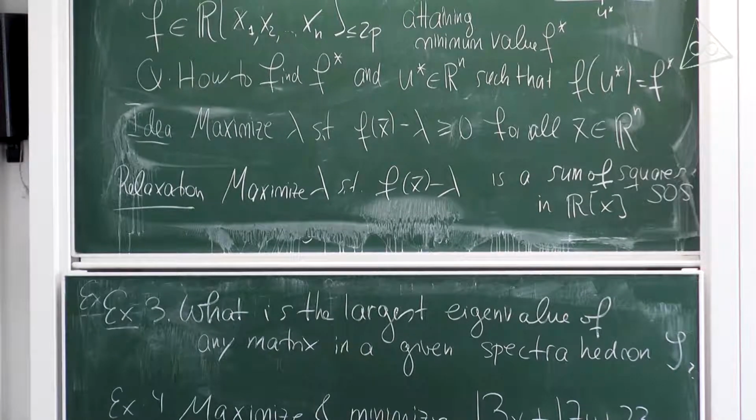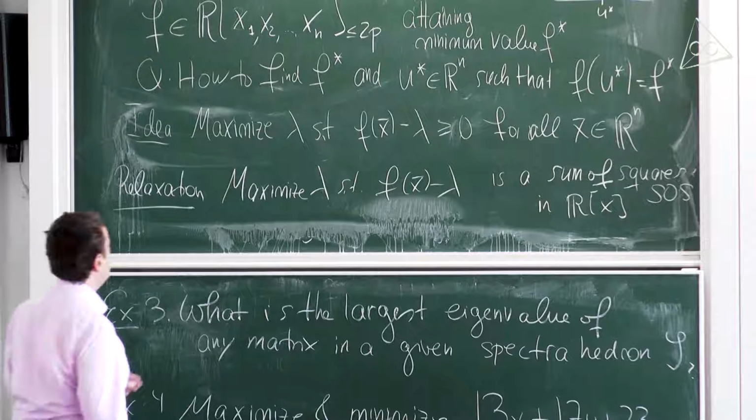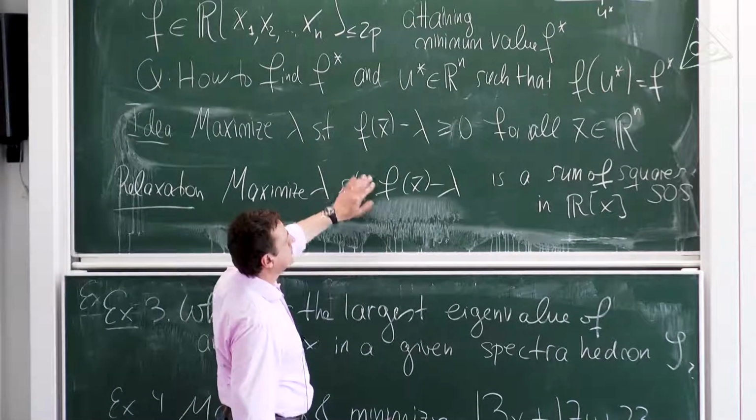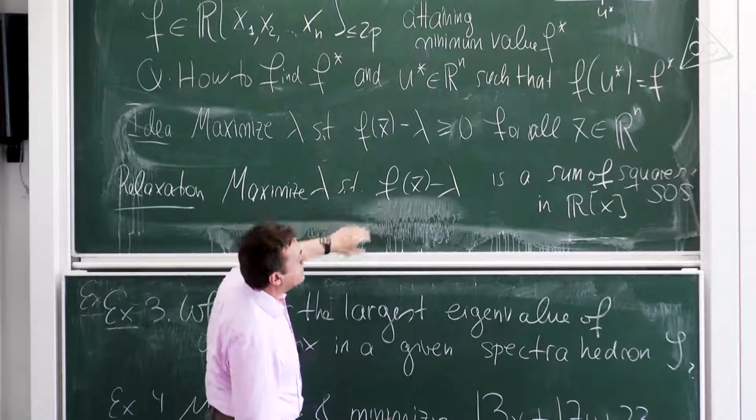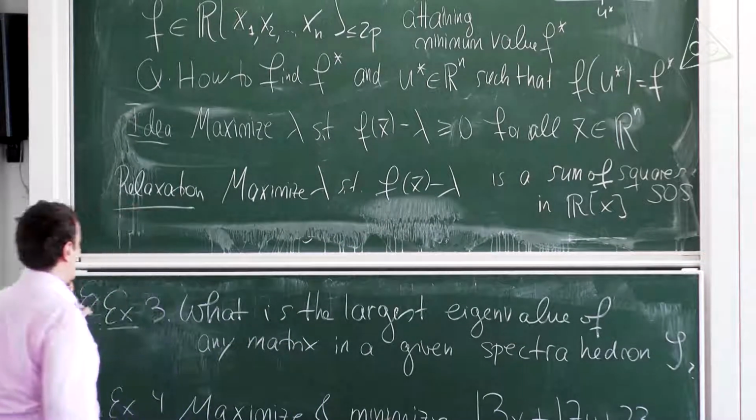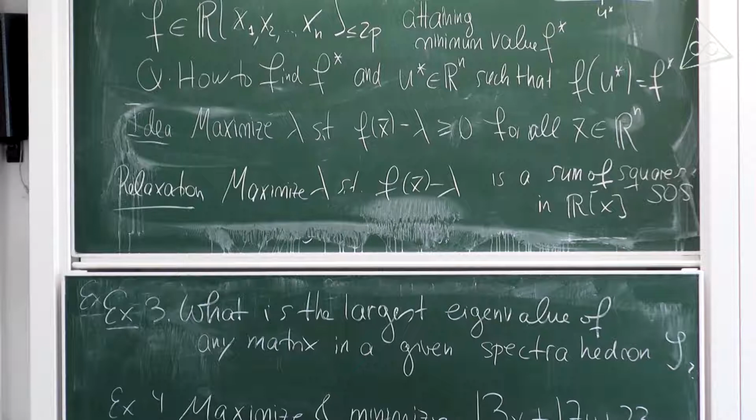Well, is it a relaxation? Slowly. So now I'm requiring here... What am I saying? Maybe I said it the wrong way. First of all, if it's a sum of squares, here I'm maximizing over a smaller set.